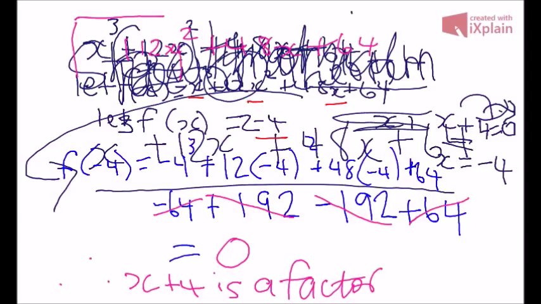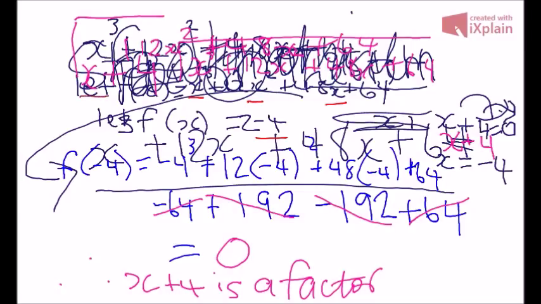So we're going to write it in a box like this. x cubed plus 12x squared plus 48x plus 64. And this is divided by, remember how I said x plus 4 is equal to 0? And then you get x minus 4. In this case, you just put x plus 4.